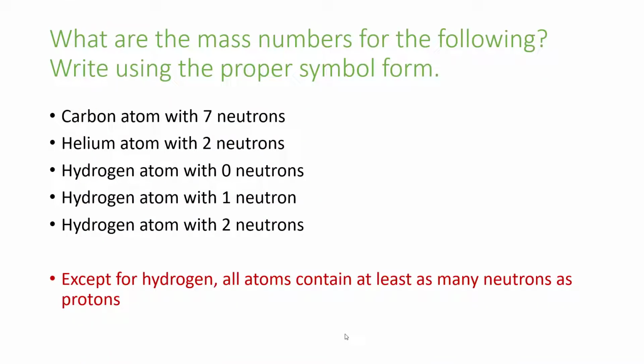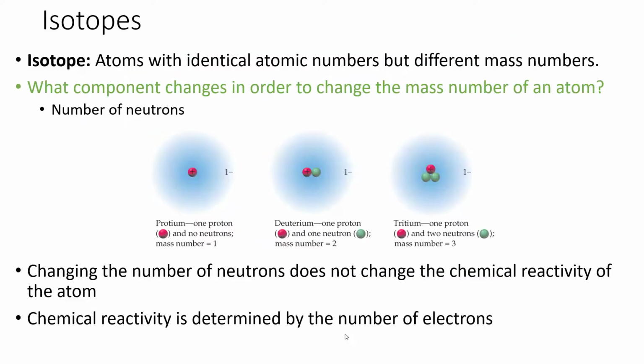Okay, so for each of these materials, we can see the symbolic representation for each. Except for hydrogen, all of these atoms contain at least as many neutrons as protons. But we observed here for hydrogen that we had 3 separate symbolic forms.